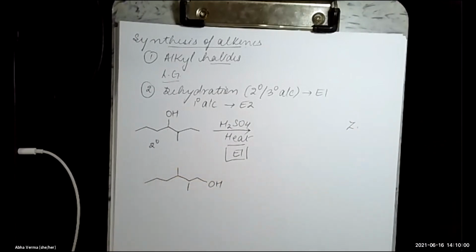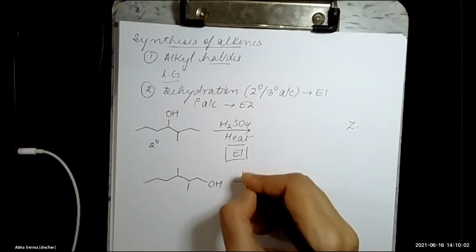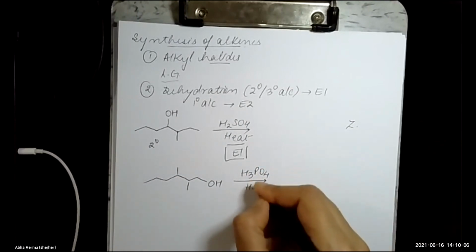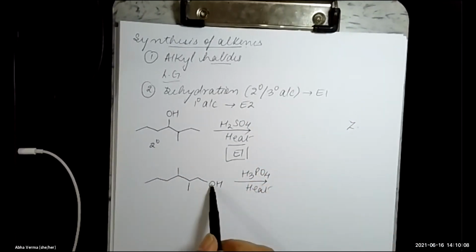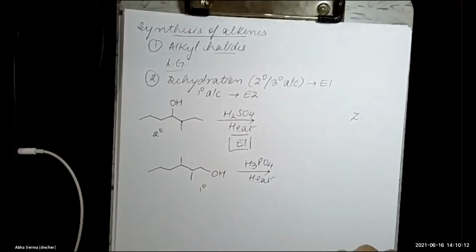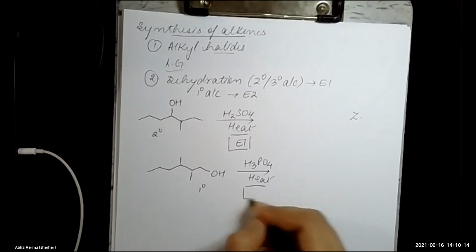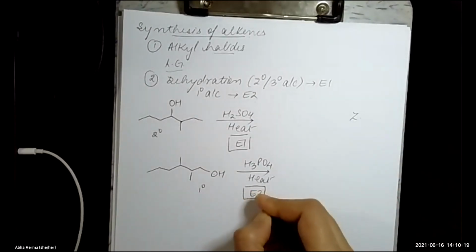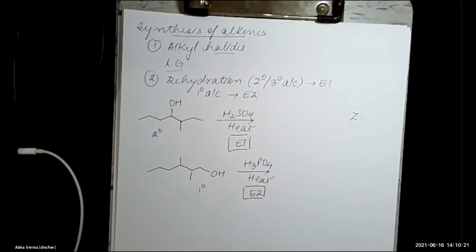Let's look at this structure, and I have H3PO4 with heat. What kind of an alcohol do I have now? I have a primary alcohol. What kind of a mechanism will work? The E2 elimination will work.